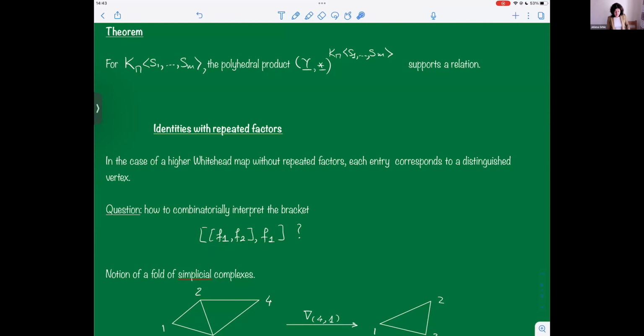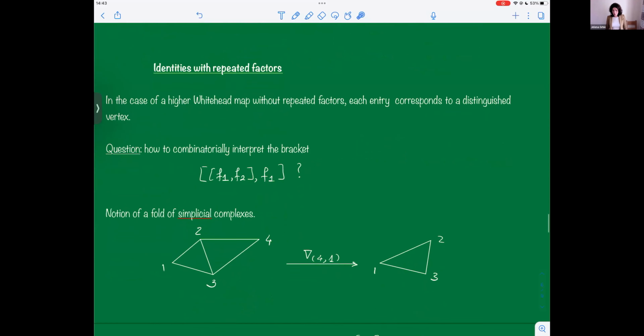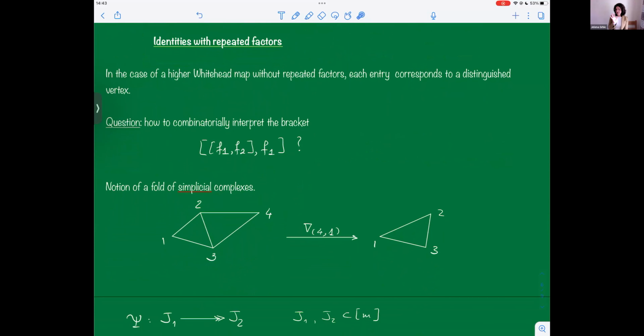However, it turns out we can also control these Whitehead products combinatorially by looking at the identity complexes and folding them.